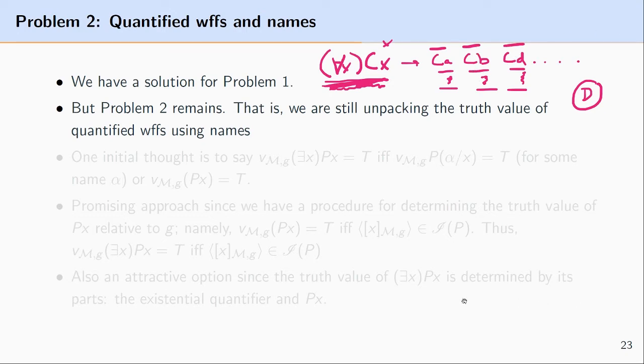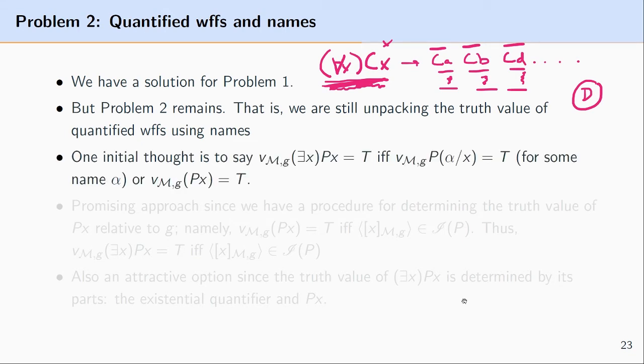So based upon what we've established in a prior video, one initial thought behind how we might do this is to say that a quantified formula, and let's just take an existentially quantified formula, is true if and only if Pa, or Pa for some name, is true.